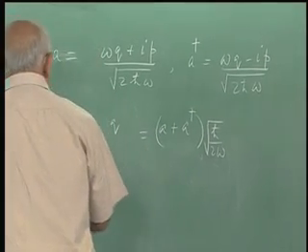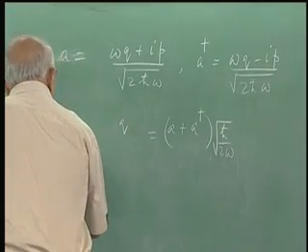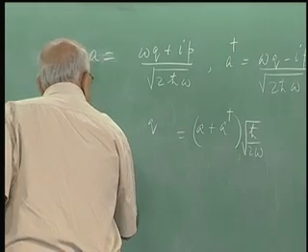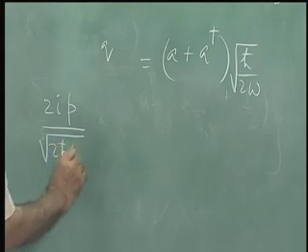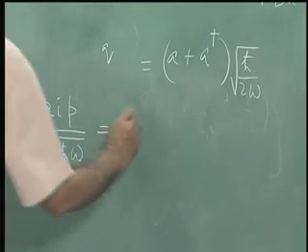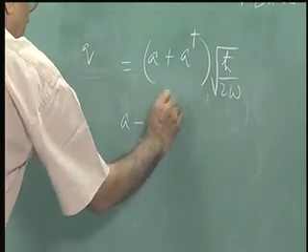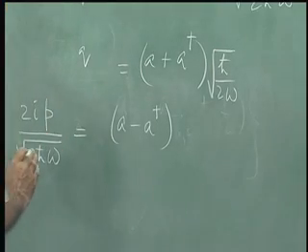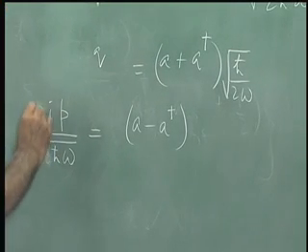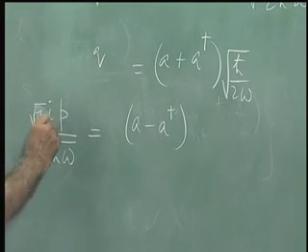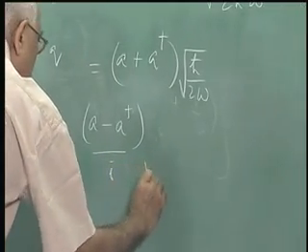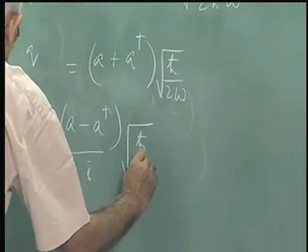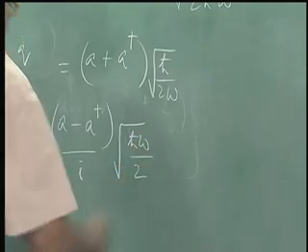So what was p? 2ip over root of 2 h cross omega was equal to A minus A dagger. So the 2 becomes root 2 here and over i root h cross omega over 2.